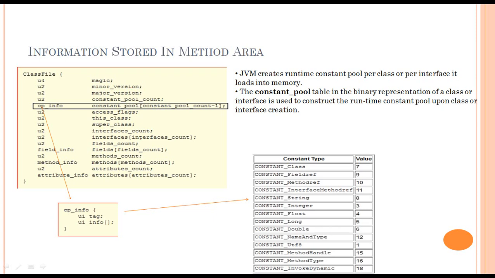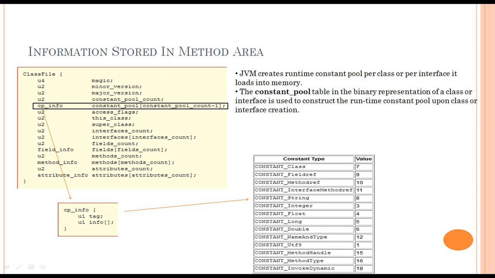It also contains other information like who is the superclass, what is this class, instance count, what are the different fields and methods, and all those things. The thing that we are interested in is the constant pool. This is a data structure that contains the metadata about the class.